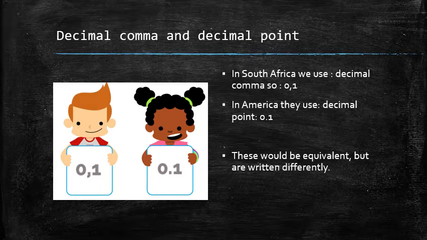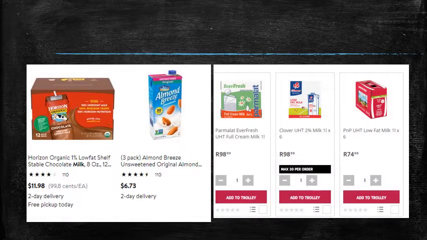Now, when we look at these, they are actually equivalent, but they are written differently. And you need to also remember that your calculator uses the decimal point. So you'll see you'll get an answer of maybe 5.6, but when you write your answer, you need to write 5,6.